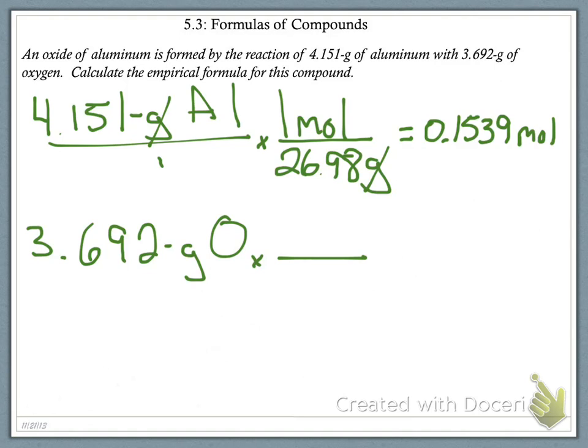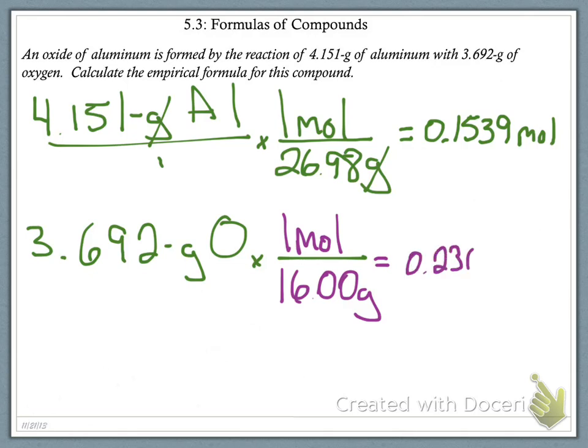Now, let's do the same thing for oxygen. I'm going to take the molar mass of oxygen, which is 16 grams in 1 mole. I'll do my calculation there, and I'll find out that there's 0.2308 moles of oxygen in that original sample that I injected into the gas chromatogram.